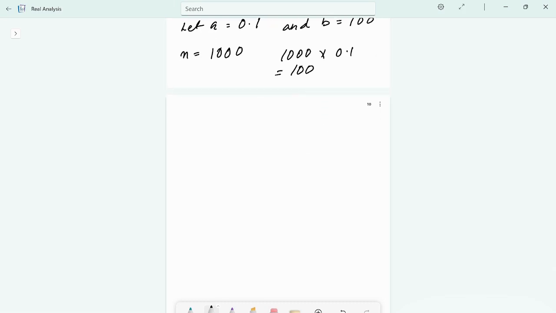This proves that natural numbers are unbounded in real numbers. This is a very important concept. I'll write this down for you. Please note it down. Natural numbers are unbounded in real numbers. It's used to prove results about convergence and bounded sets too.